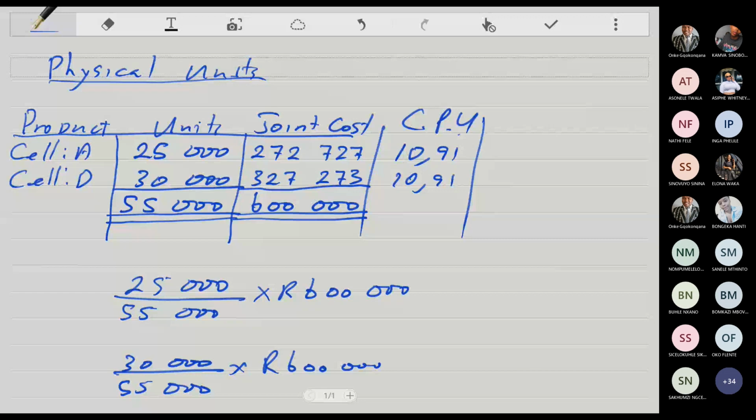Then that takes us to the second method, the alternative method that we can make use of. This second method is called the sales value at split-off point.